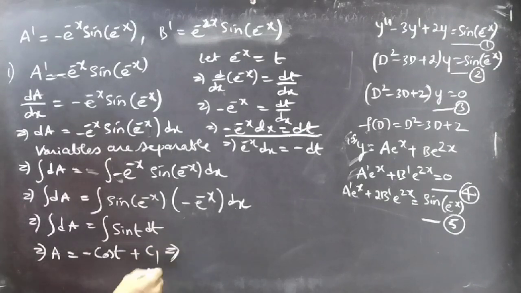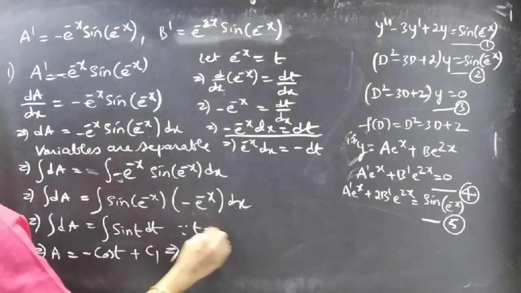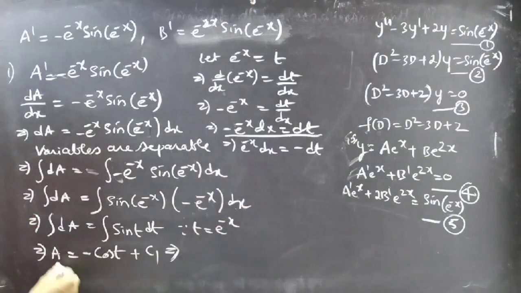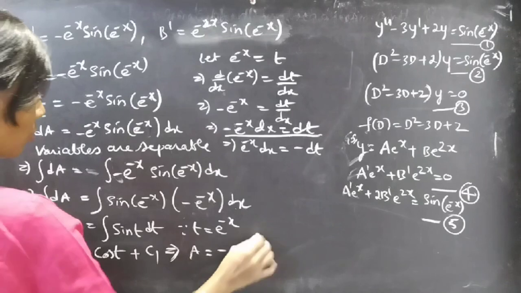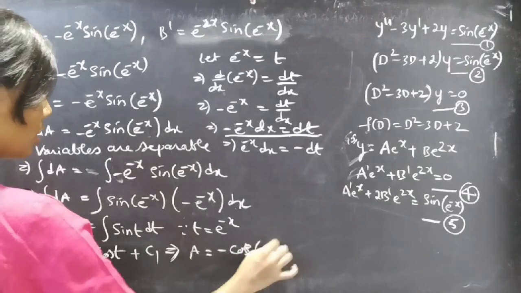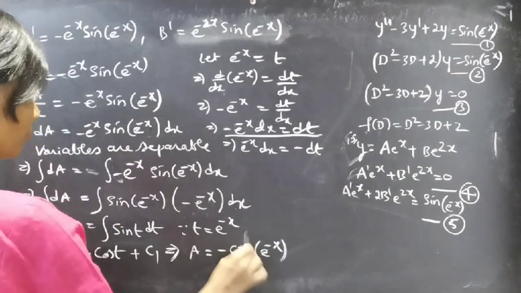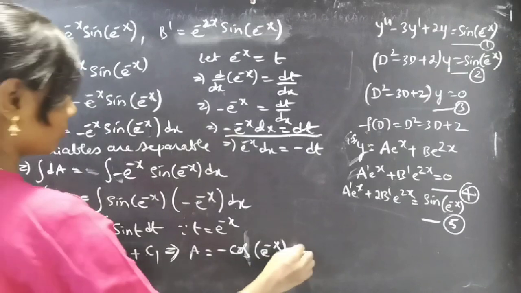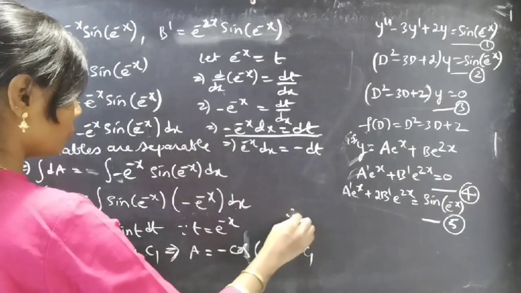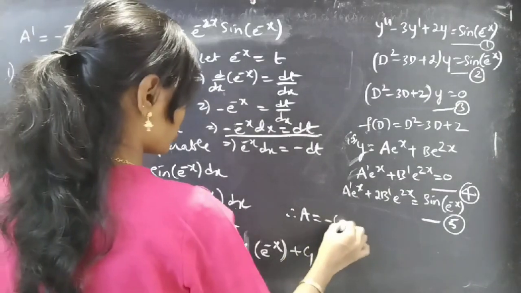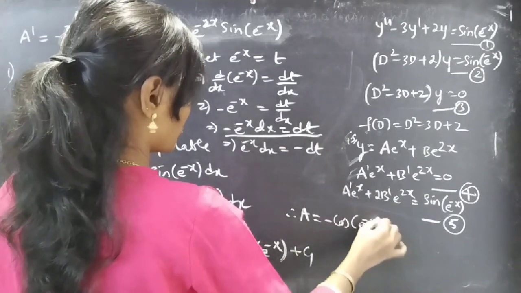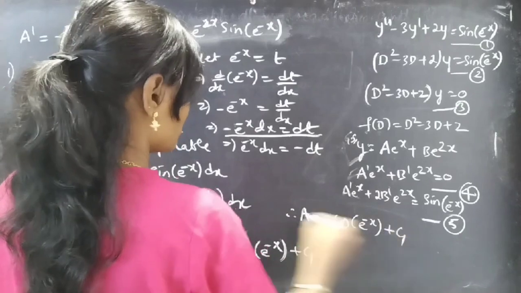Now replace t. Since t equals e power minus x, we'll get a equal to minus cos of e power minus x plus c1. Therefore, a equals minus cos of e power minus x plus c1.